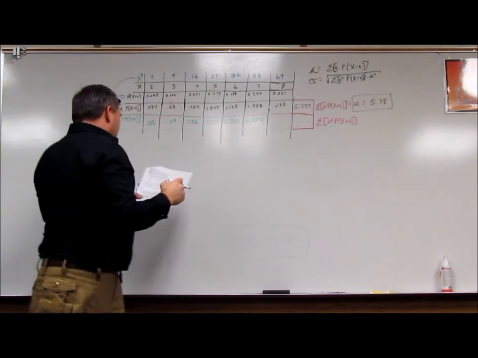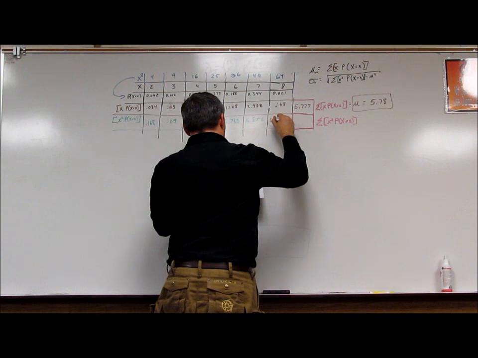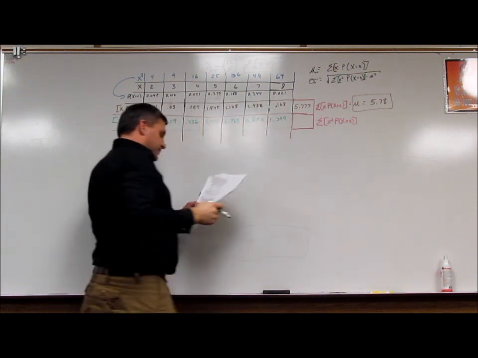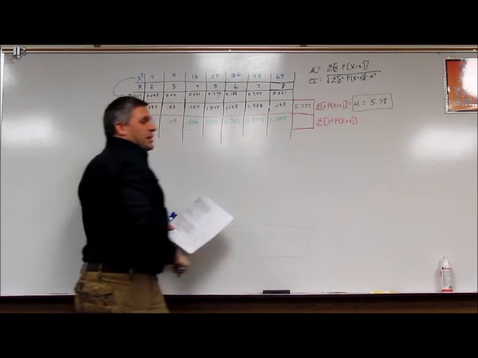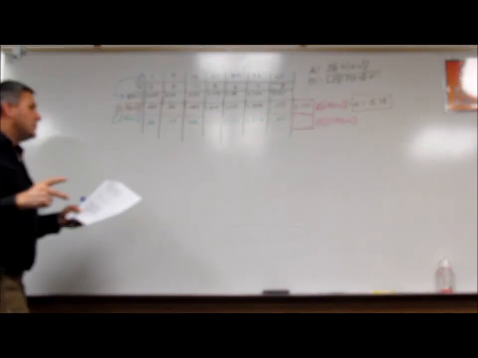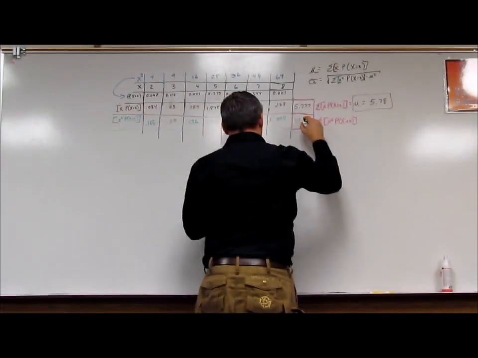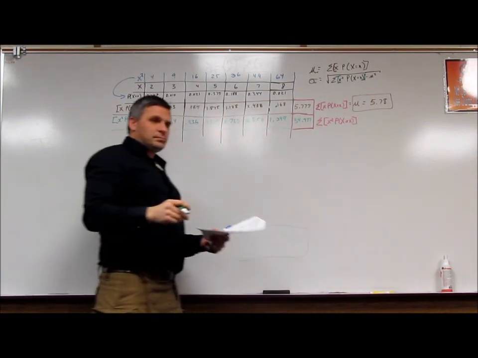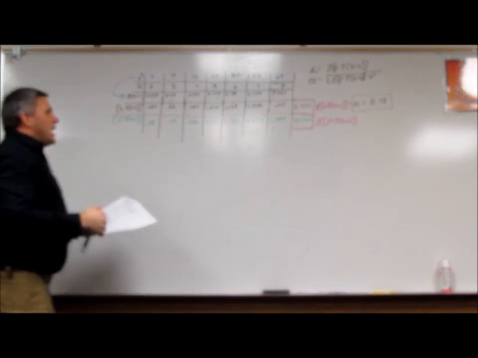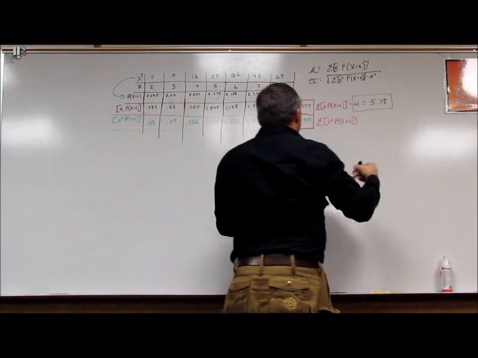And 64 times 0.021 gives us 1.344. And now we just need to find the sum of this. When we find the sum, we get 34.937.